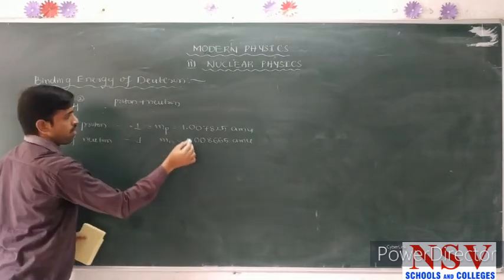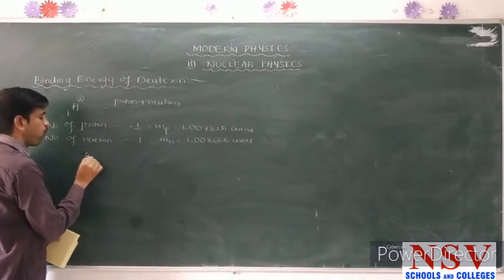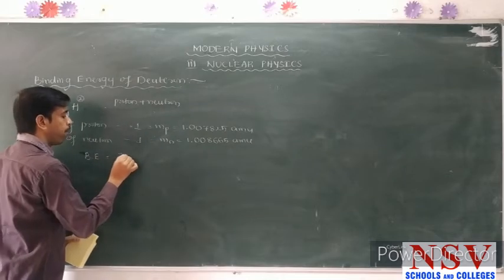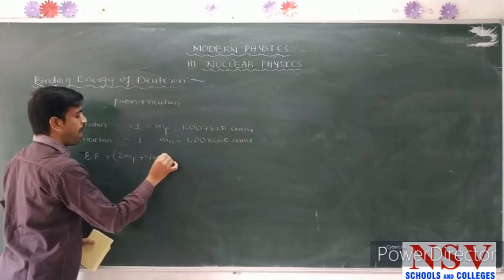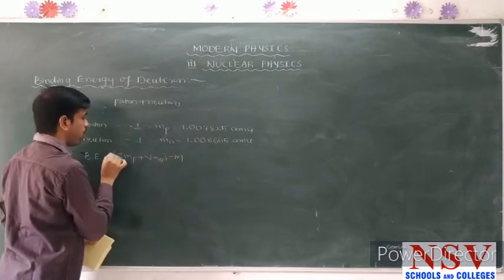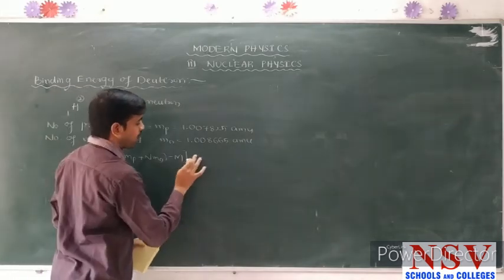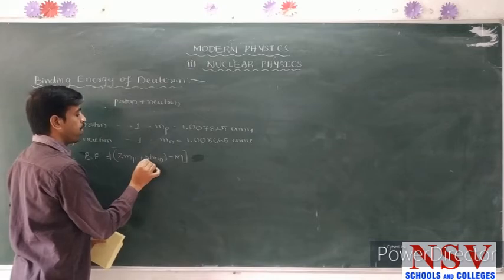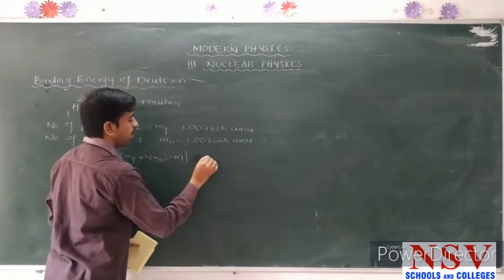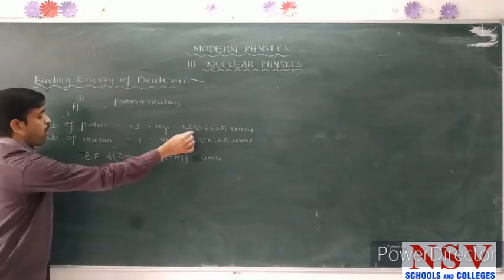The binding energy formula is ZMp plus Nmn minus M, multiplied by c squared, in joules. I want to explain directly in AMU, so the value becomes ZMp plus Nmn minus M in AMU.